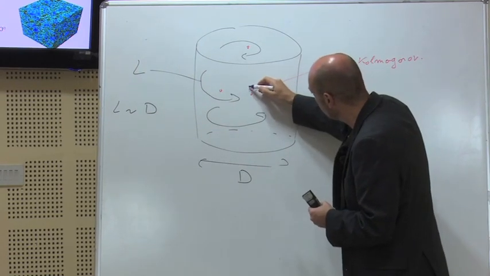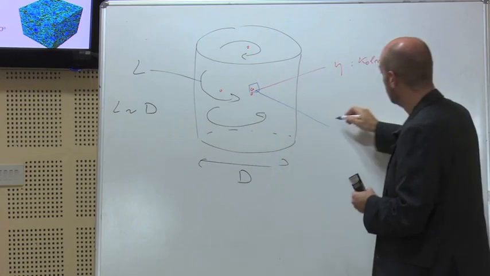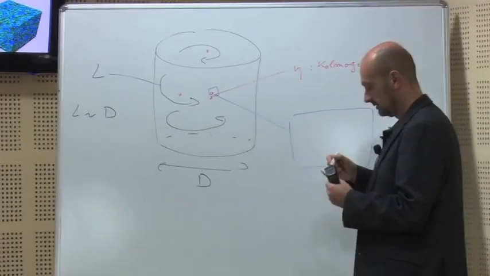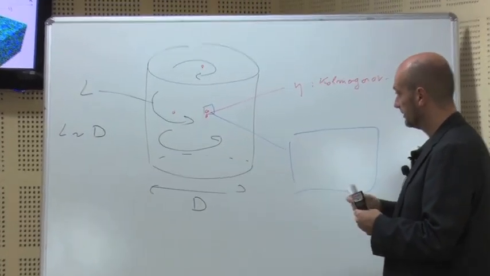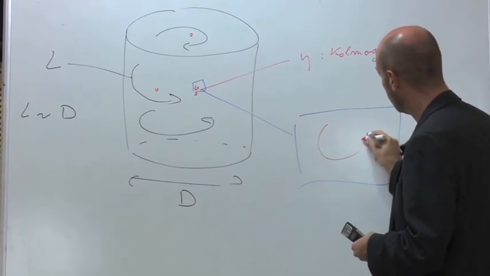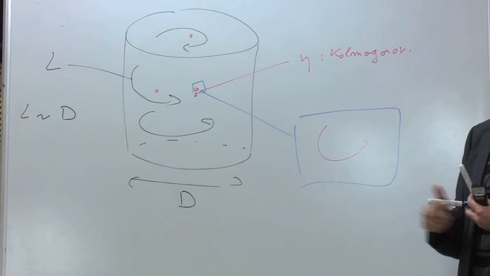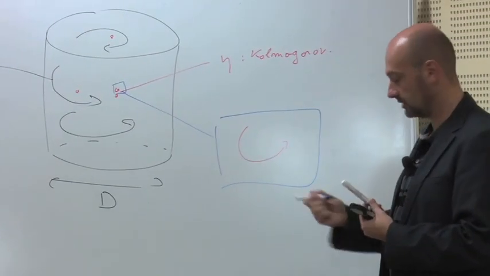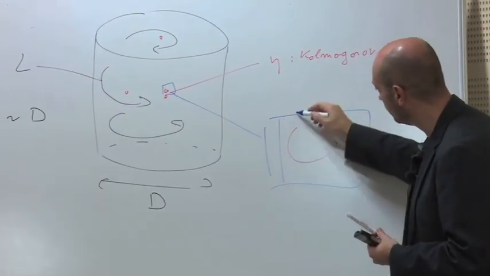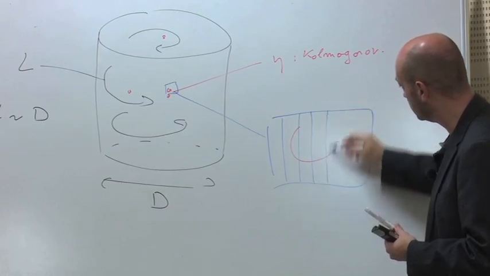So if I make a zoom, I take one of these small eddies, so it is now that big. If I want to represent that correctly, I have to mesh it as well. So I need maybe a grid like this.